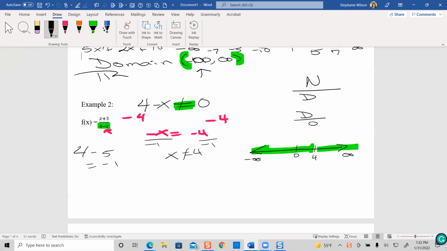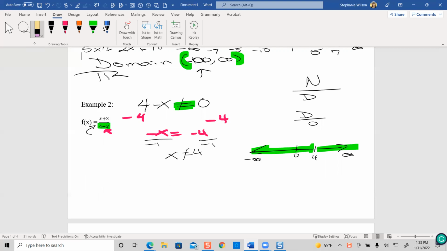Well, if I had a negative in the denominator, I'll just bring the negative to the front, and that means x plus 3 over 1 would just give me a negative in front of that fraction. I'd apply it to each part. So that's going to yield a real number. Basically, I can have all points smaller than 4 and all points greater than 4.